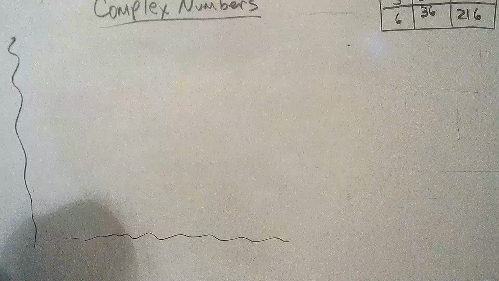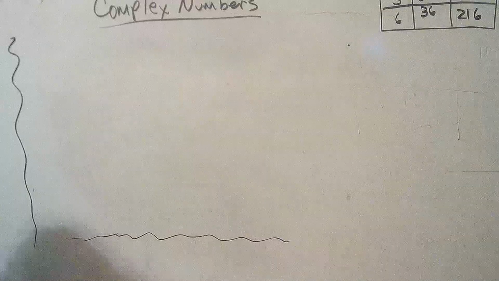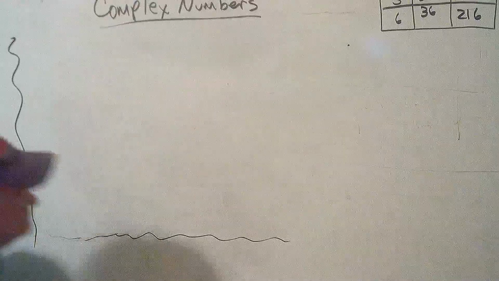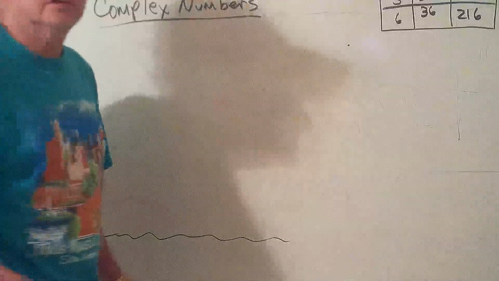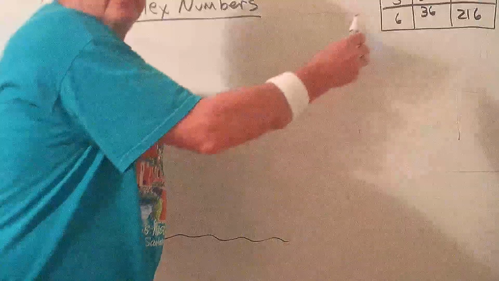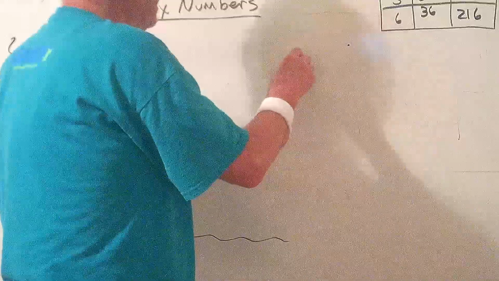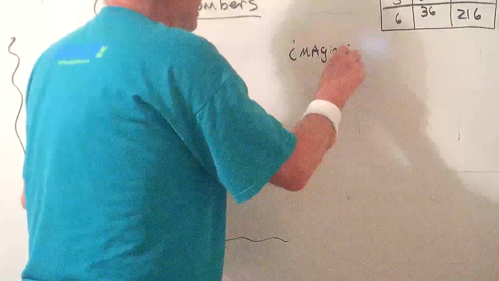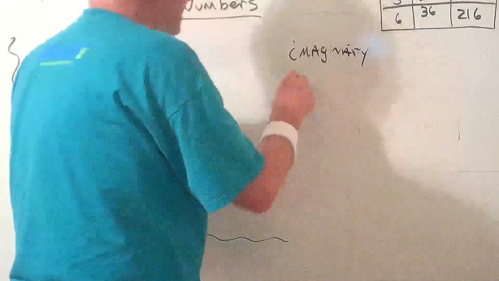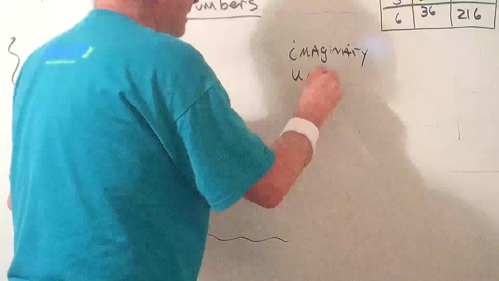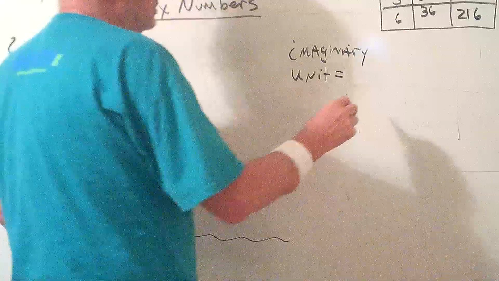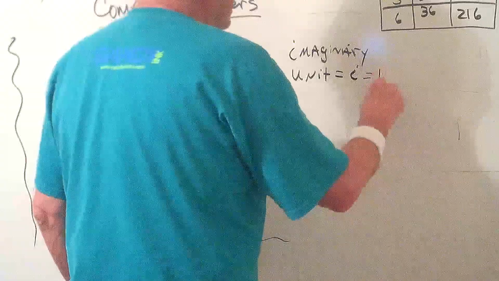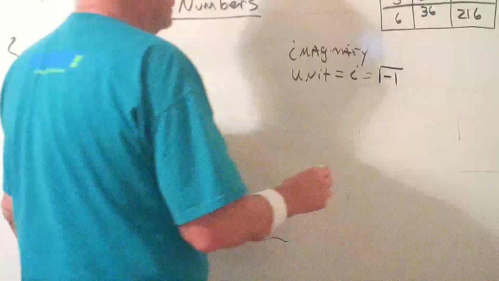Complex numbers, if you have the imaginary unit, the imaginary unit is equal to I. And I equals the square root of -1.